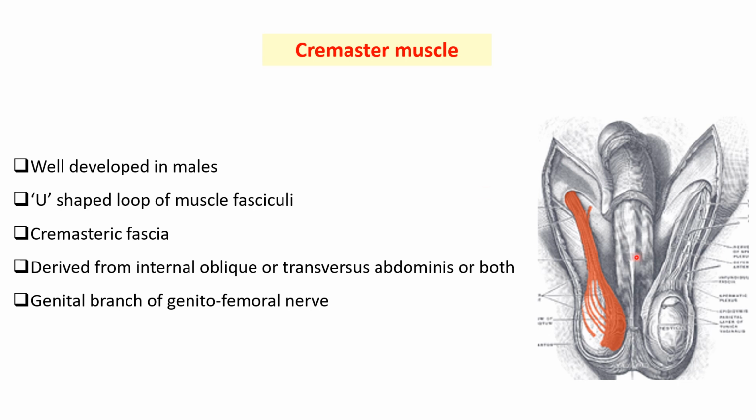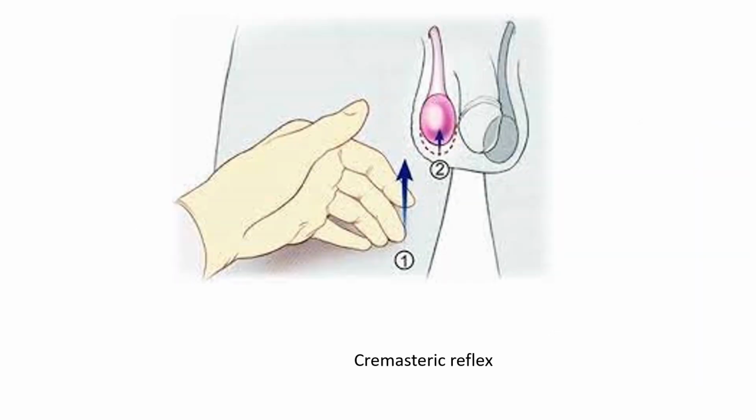It passes along with the spermatic cord via the superficial inguinal ring, and it is attached to the spermatic cord as well as the scrotum here. So you can make out the attachment of the cremaster muscle to the scrotum. This muscle is supplied by the genital branch of the genitofemoral nerve, which is again a branch given by the lumbar plexus.